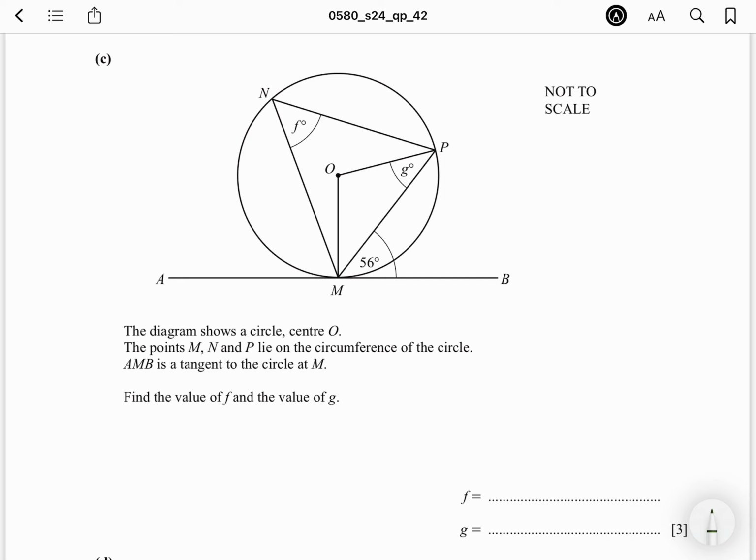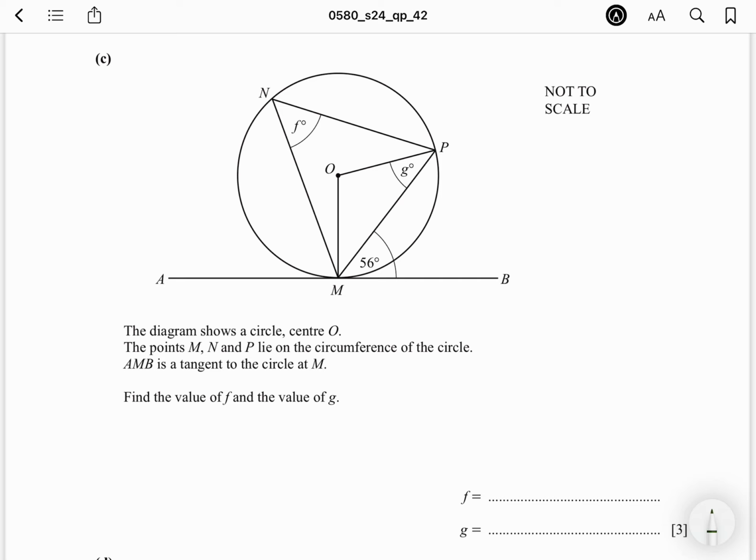G is an angle on the isosceles triangle. Why is it isosceles? Because OP and OM are equal. Why are they equal? Because they are radius. There you go.